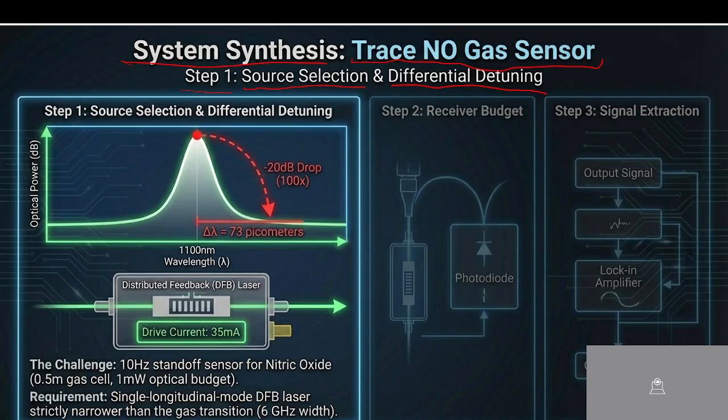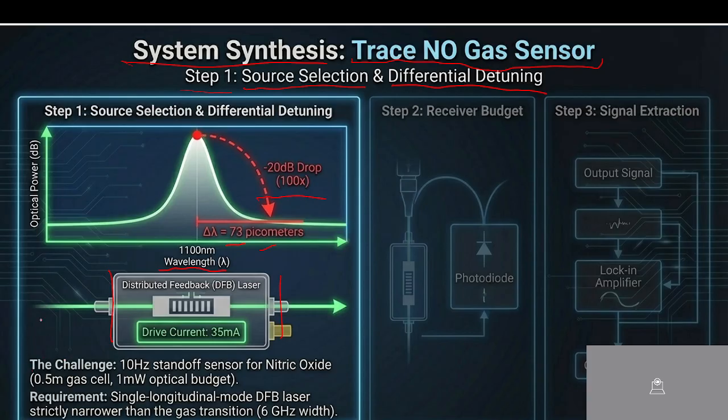For that, you can see here the wavelength is 1100 nanometer and the delta shift is 73 picometer, which is a minus 20 decibel drop, which is 100x. This is because we are using the DFB laser with a drive current of 35 milliamp.